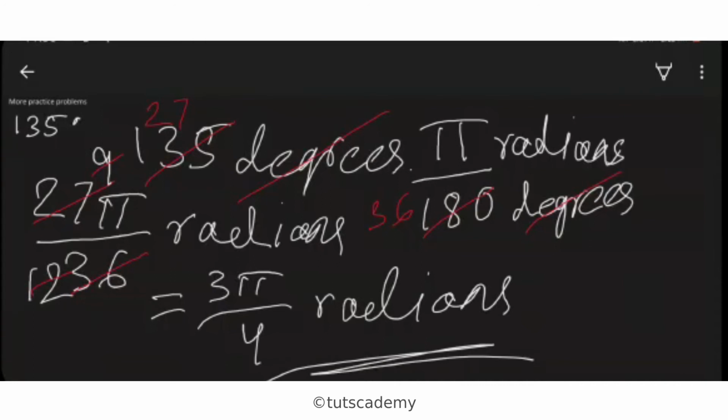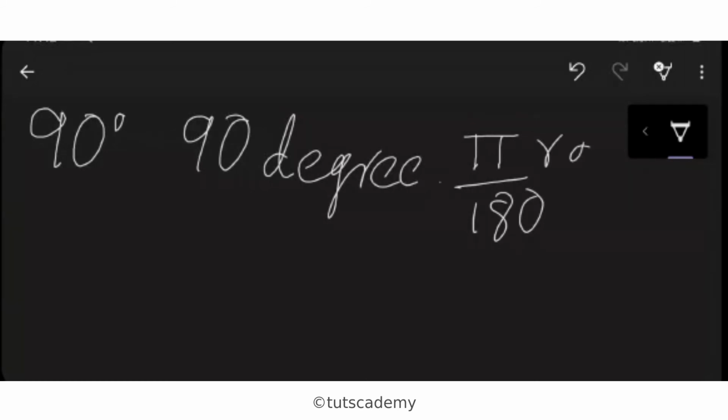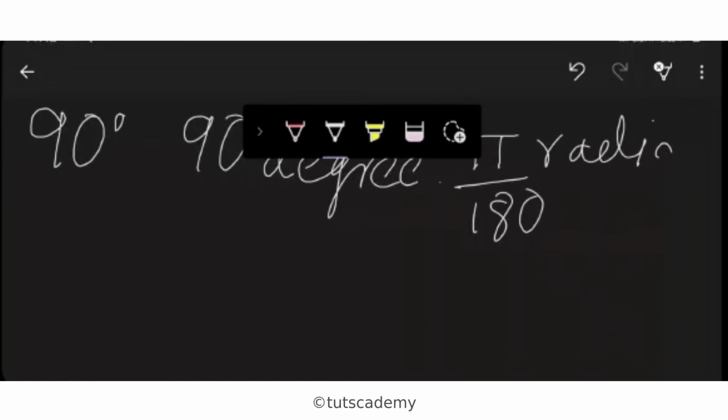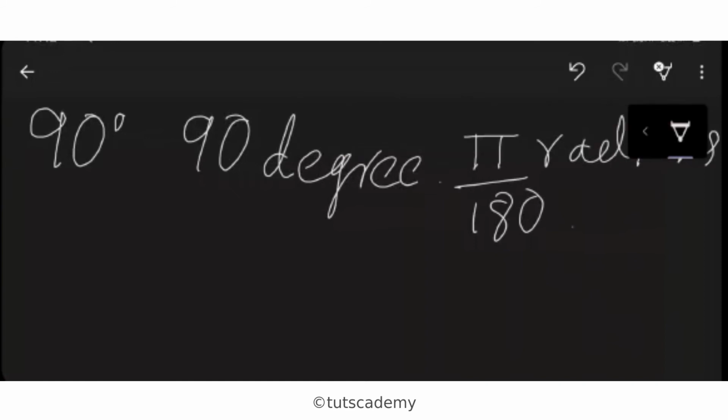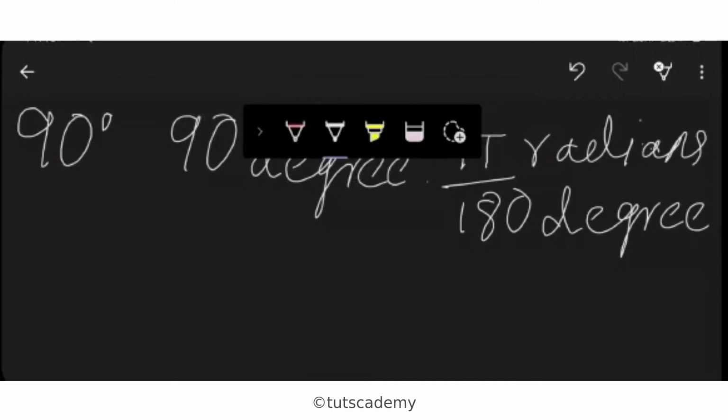Let's solve some more practice problems. Now we're going to be converting 90 degrees to radians. 90 degrees multiplied by (this dot is for multiplying, by the way, if you didn't know that) pi radians over 180 degrees.